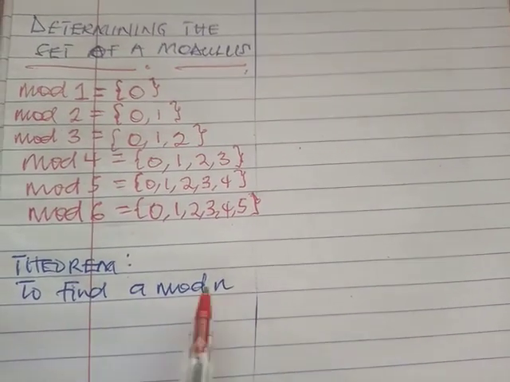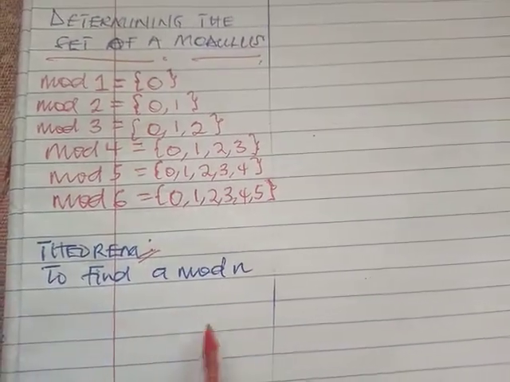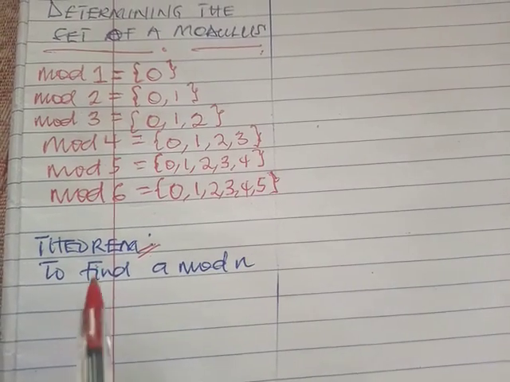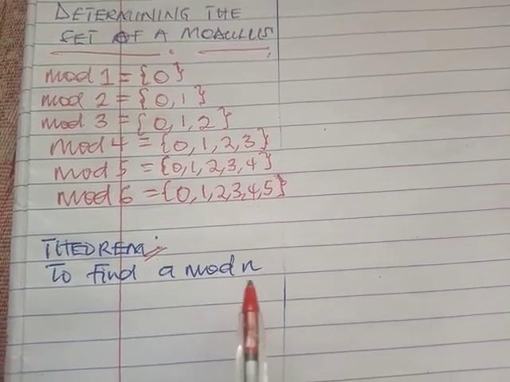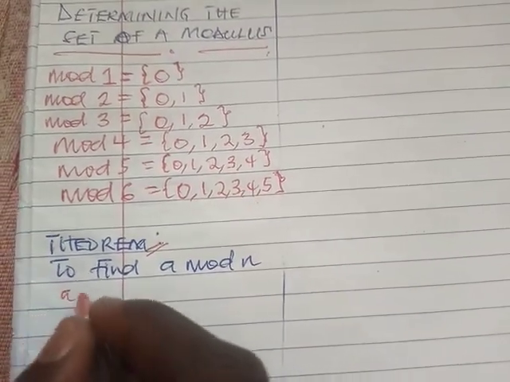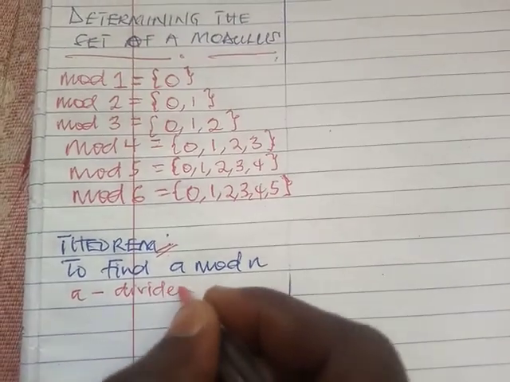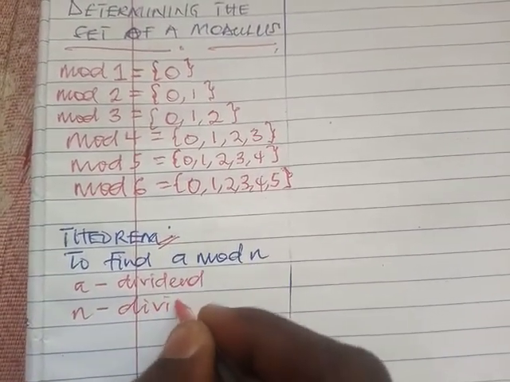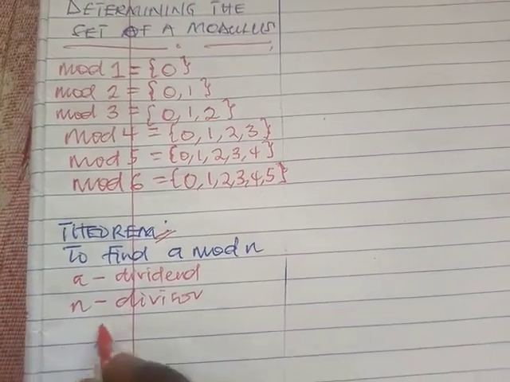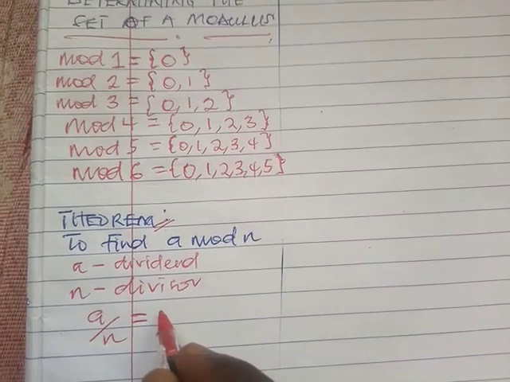Now to find a mod n, this is the theorem. To find a mod n means that we divide a by n. So we say a is a dividend, n is a divisor. So when you divide a by n, we don't need a quotient.